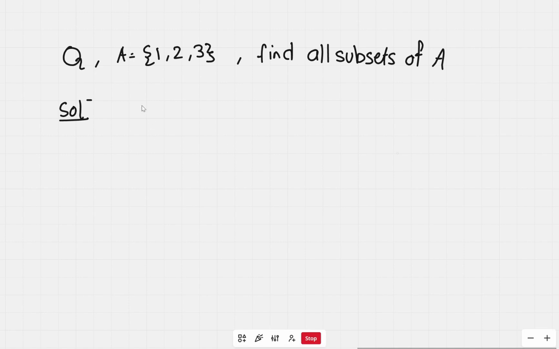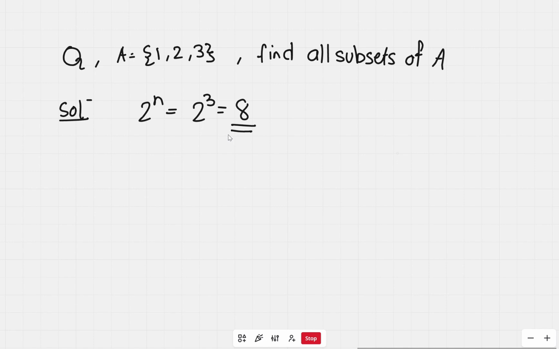We know the formula for the number of subsets is 2 to the power n, where n represents the number of elements present in a set. So here it's 2 to the power 3 because A contains 3 elements, hence there are a total of 8 subsets.